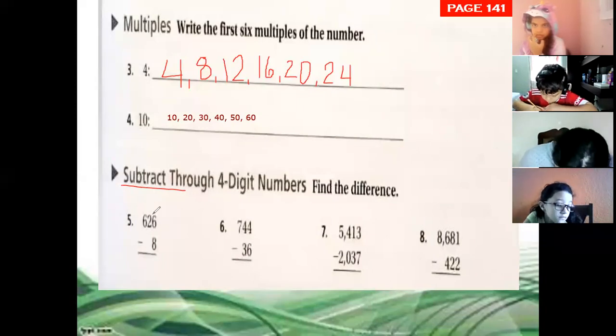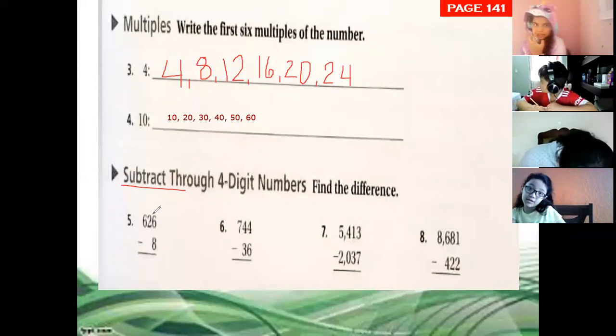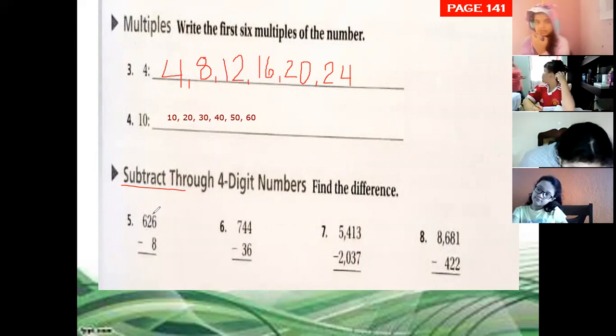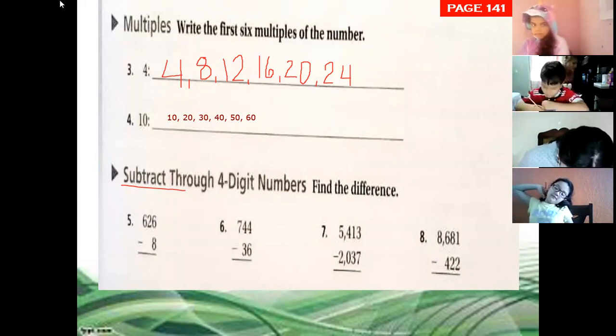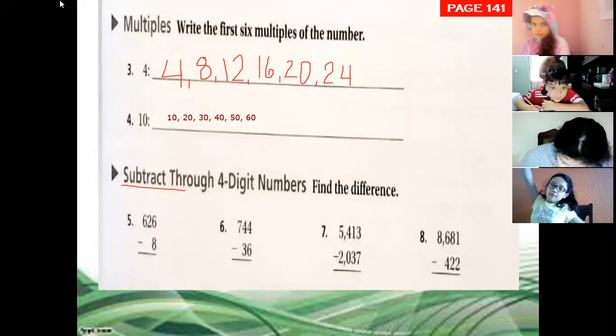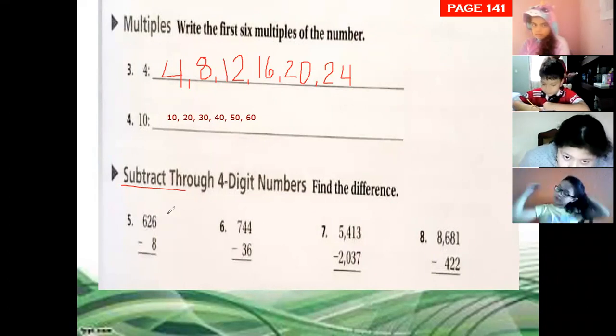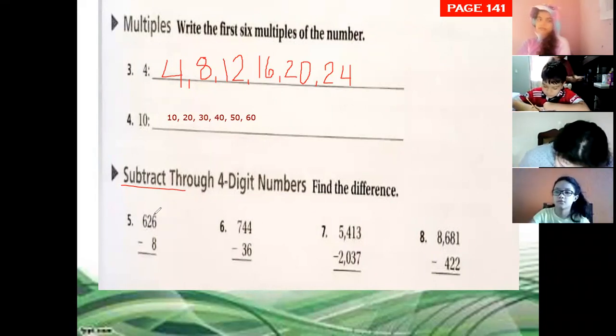Aquí se lee de arriba para abajo. 6 minus 8. Okay, 6 minus 8 is not possible. So we have to regroup the 2.